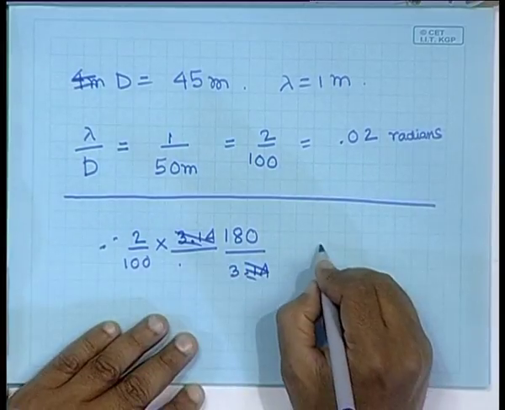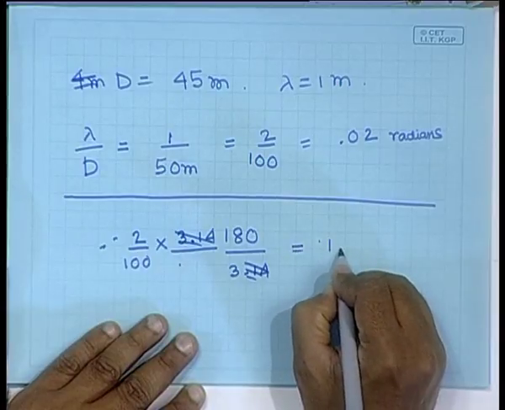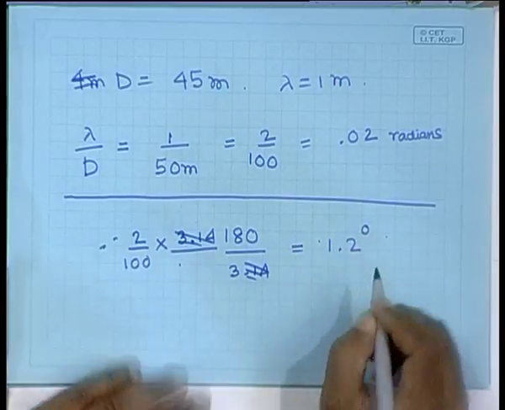So, this is going to be of the order of 1.2 degrees. So, you see that with a single giant meter wave radio telescope, with a single telescope of diameter 45 meters, I get an angular resolution of only 1.2 degrees.